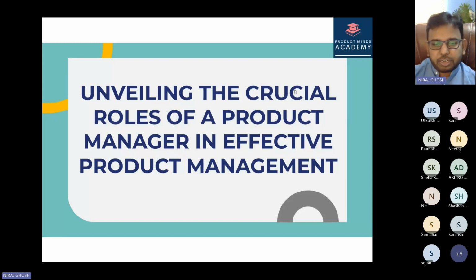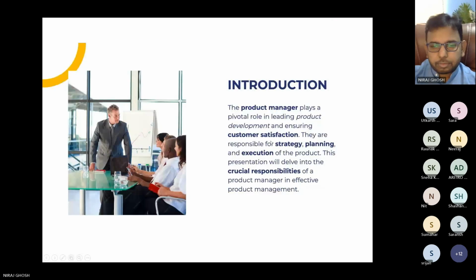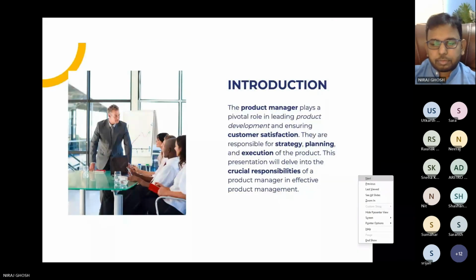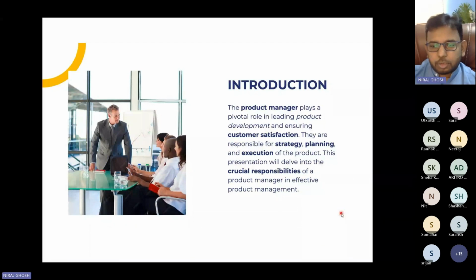Let us understand what is the role of a product manager and how he can effectively manage the product. A product manager plays a very important role when it comes to product success.